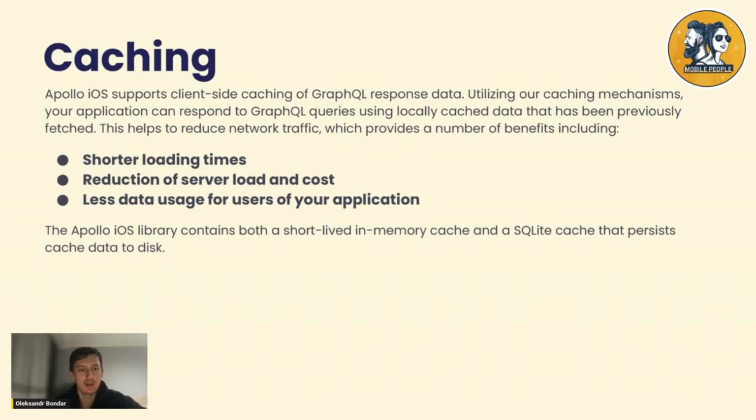But Apollo has this caching mechanism, and it can provide us shortened loading times, reduce our costs if we have some billing for the API calls, and also less data usage for our application.